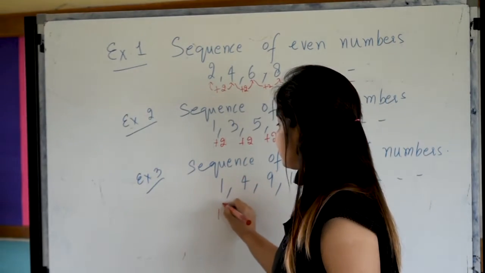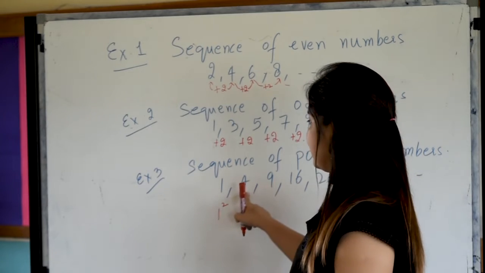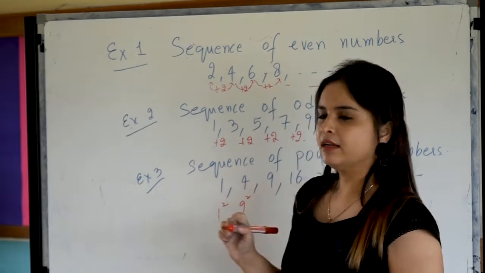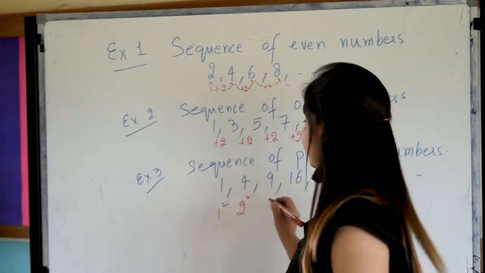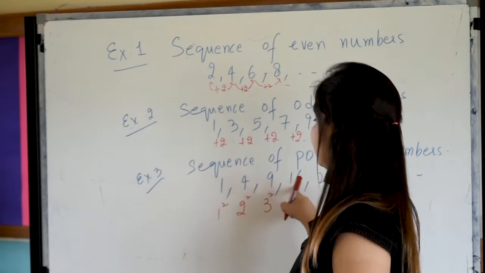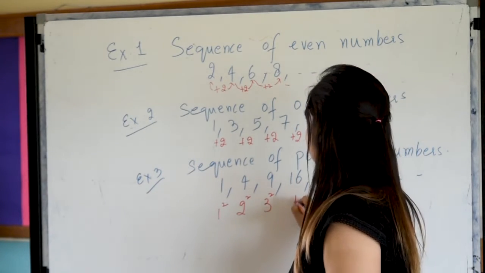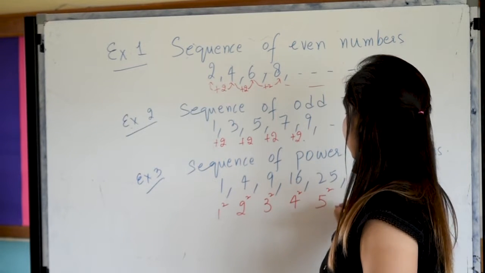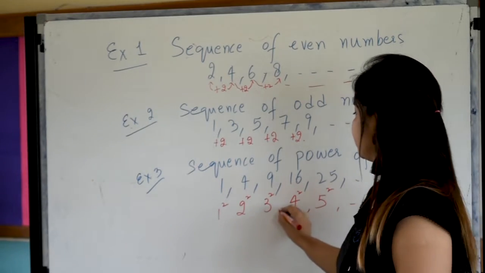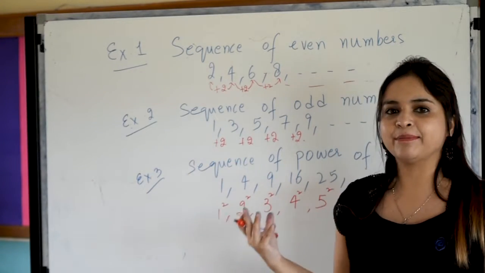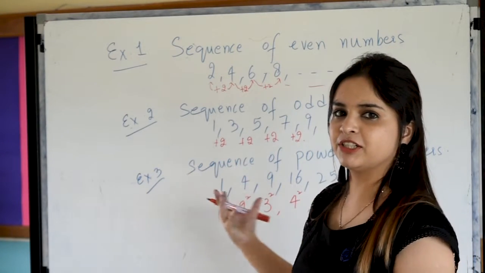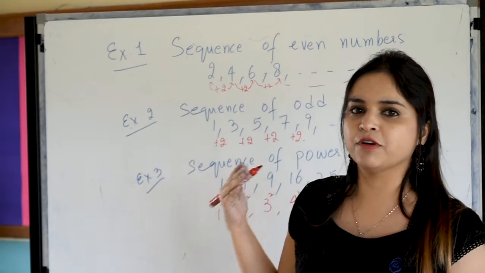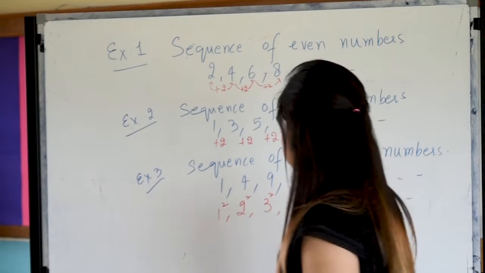First number is 1 square, second number 4, I can write this as 2 square, third number is 9, I can write this as 3 square, and 16 you can write as 4 square, 25 is 5 square and so on. Okay, so that means again they follow a particular pattern. So all these three examples are examples of a sequence.